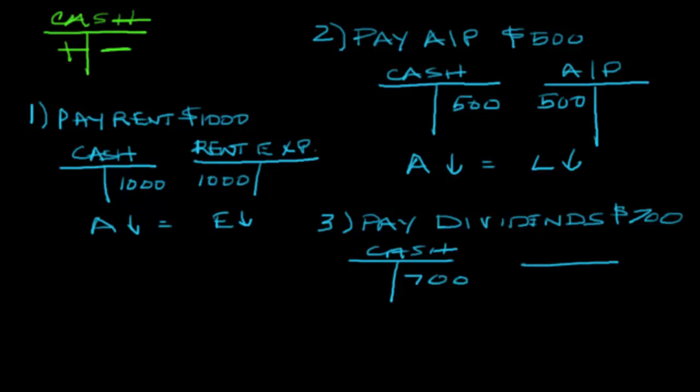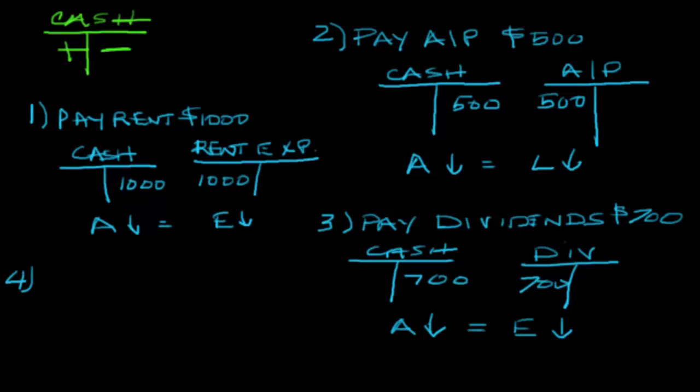The only other entry you can make then to record a payment of dividends is a debit. So we record a debit to dividends, and in this case we see a reduction in assets. We see an increase in dividends, but an increase in dividends is a reduction in equity. The accounting equation is still in balance.